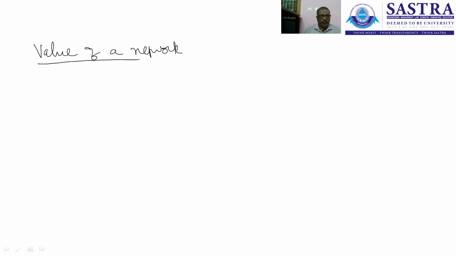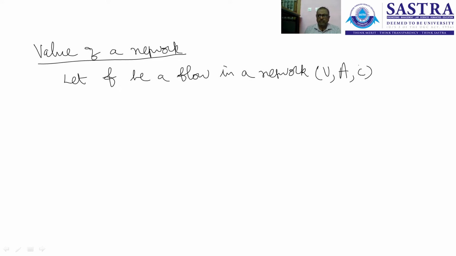Let F be a flow in a network V, A, C. Okay, this would represent the capacity. Okay, so I have introduced a triple. It's not necessary. You can skip it when C is understood properly.